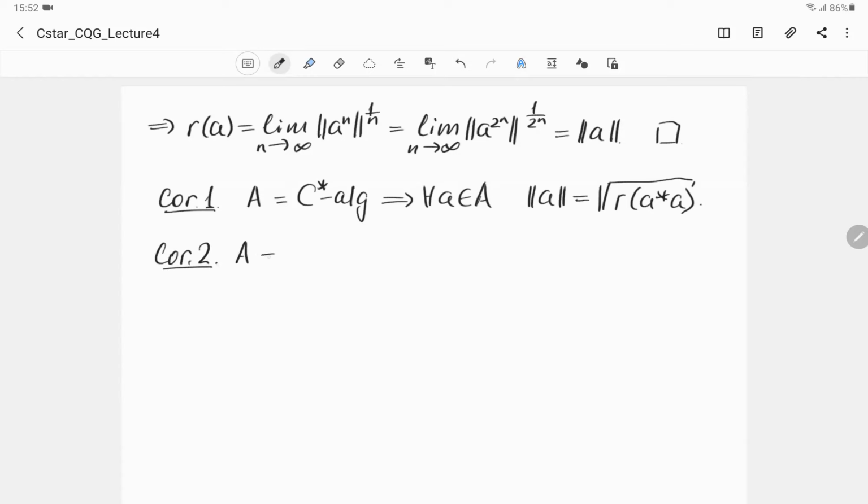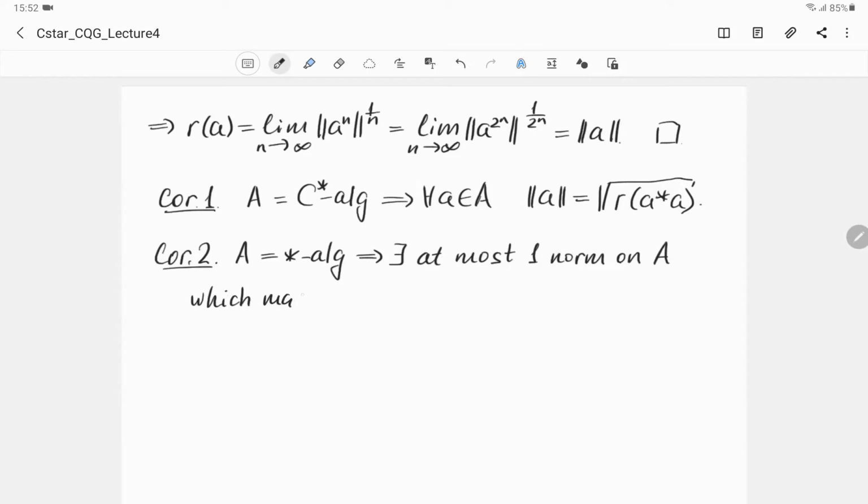If A is a star algebra, then there is at most one norm on A which makes A into a C-star algebra.